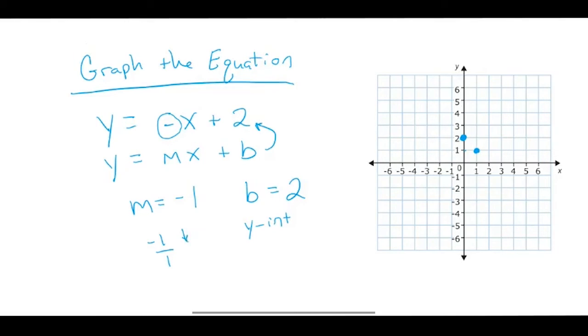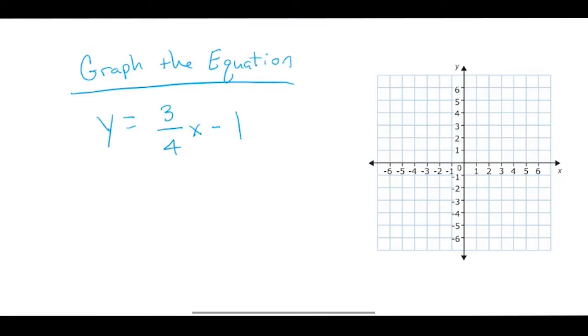Because our slope is -1, so I'm going to go down 1, right 1. All right, now I have 2 points here, and I'm going to use my straight edge to connect my points. And I'll put arrows on the ends to signify that it goes on forever. And that's how you graph the equation y equals -x plus 2.